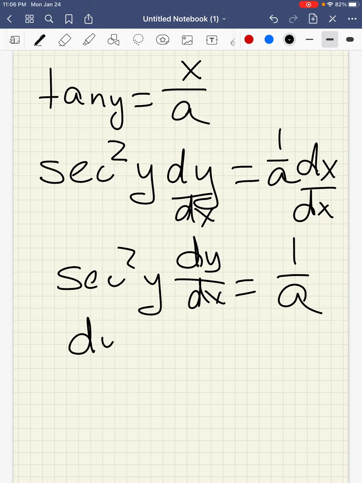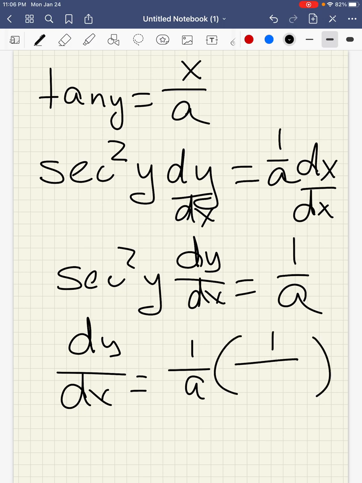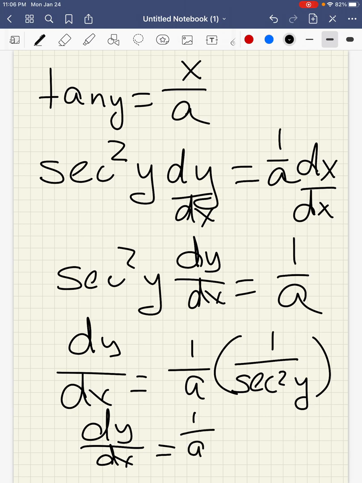So we have dy dx is equal to 1 over a times 1 over secant squared y. But 1 over secant squared y is the same thing as cosine squared y. So 1 over a times cosine squared of y.